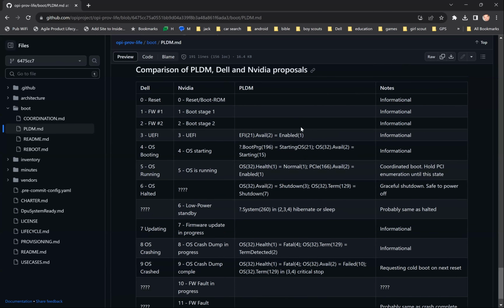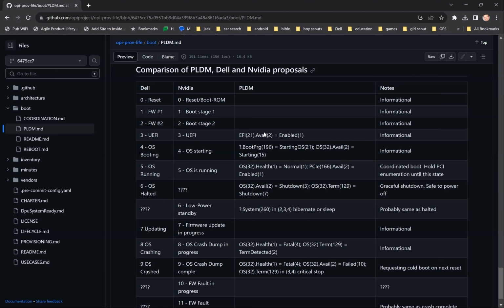Also, a quick question about states 4 and 5, booting and running. How do you distinguish between those two? Because how do you say the OS is running? Starting the Linux kernel, versus services in user space reporting that everything is running healthy? But the services may allow different configuration during runtime, so they may change it.